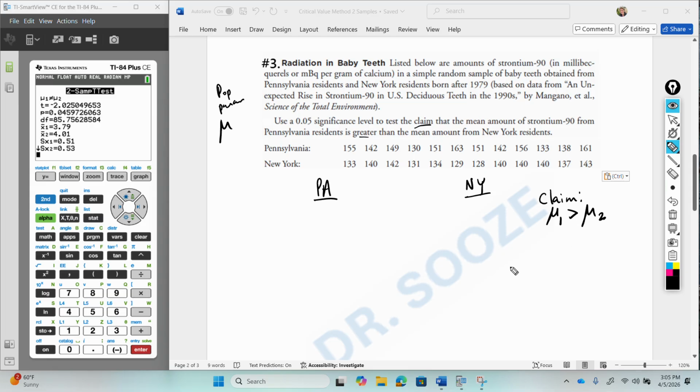So my null hypothesis is always equality. The alternative hypothesis, well, I look at the claim, the greater than symbol is allowed, so I keep it. And the symbol there tells us we're going to have a right tail test.